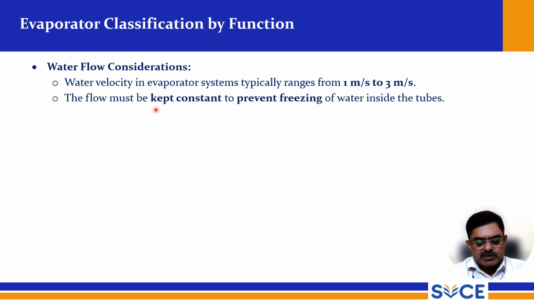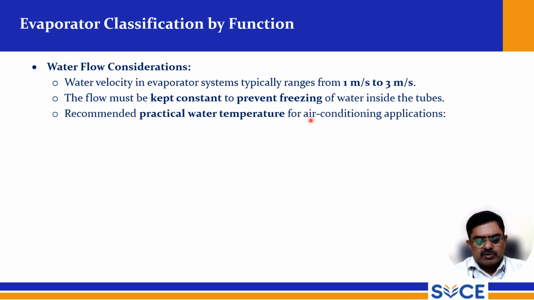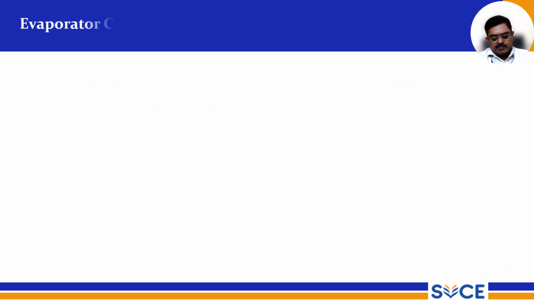The flow must be kept constant to prevent freezing of water inside the tubes. The recommended practical water temperature for air conditioning applications is around 6.5 degrees Celsius, never lower than 5 degrees Celsius.